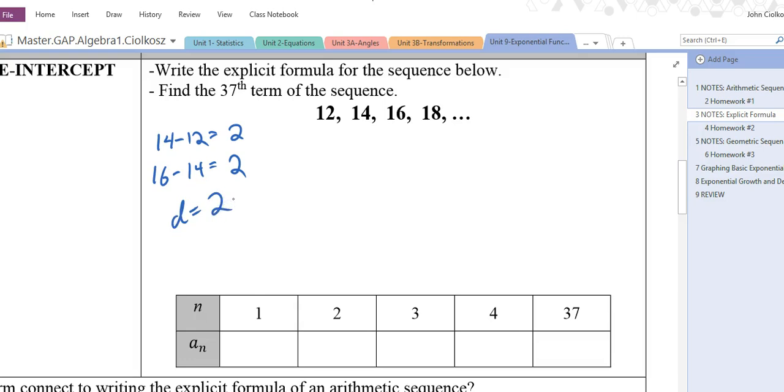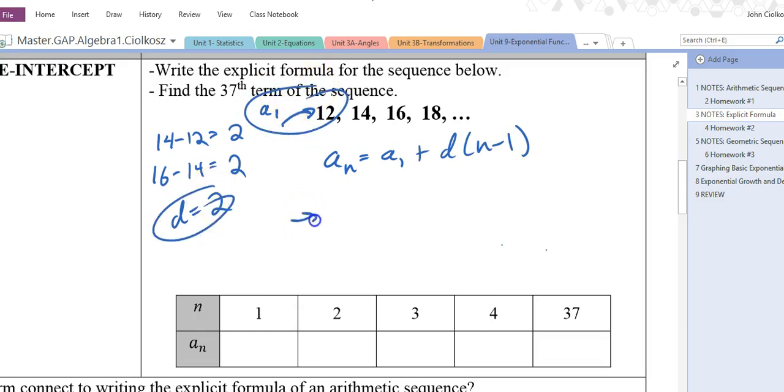Now, whenever we're given a sequence of numbers, our first term is always going to be our A1. So, if I want to write the formula for this, I know it's going to look like A sub n is equal to A1 plus D times n minus 1. Plugging in our A1 and our D, that gives me A sub n is equal to 12 plus 2 times n minus 1.